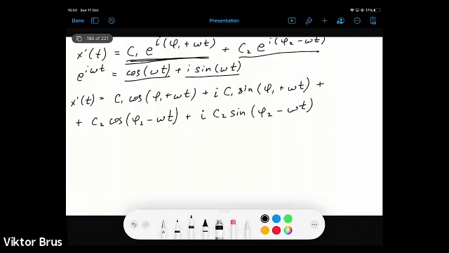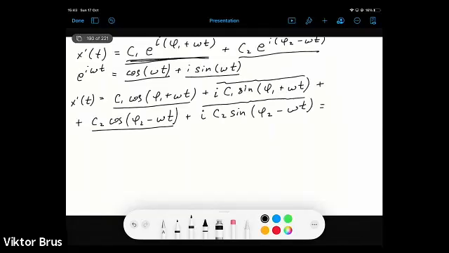Okay, now we have done this task. We applied Euler's formula to our x prime as a function of t. And what we need to do next, we need to group real to real and imaginary to imaginary. So apples to apples, oranges to oranges. Then we have real part, and here is real part. Here we have imaginary part, and here we have also imaginary part.